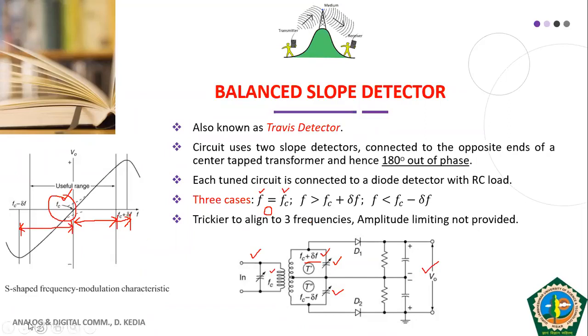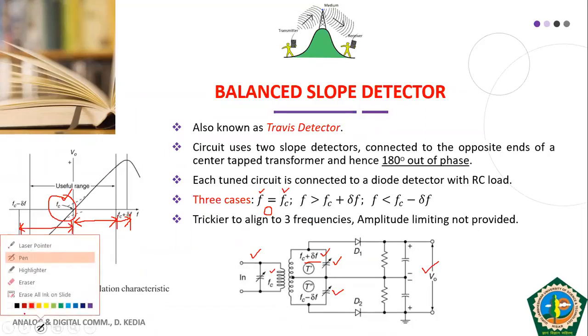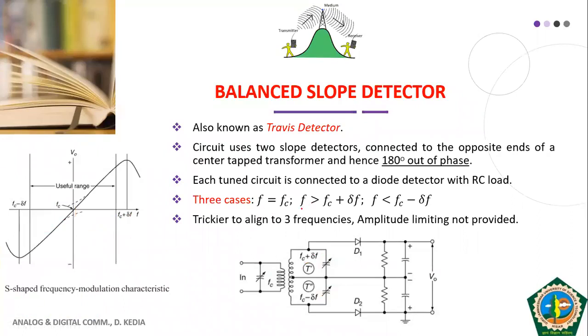Now what will happen if my incoming signal frequency is equal to, let us assume, fc plus delta f? In that case, the incoming signal frequency is equal to the resonant frequency of the upper portion.